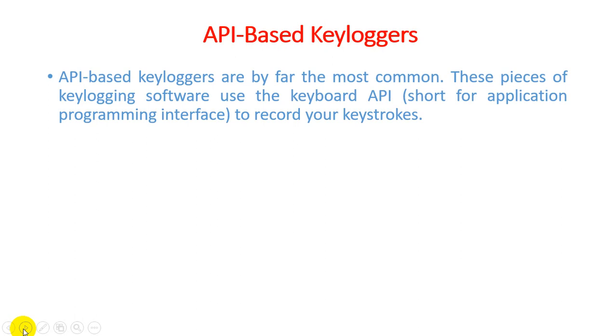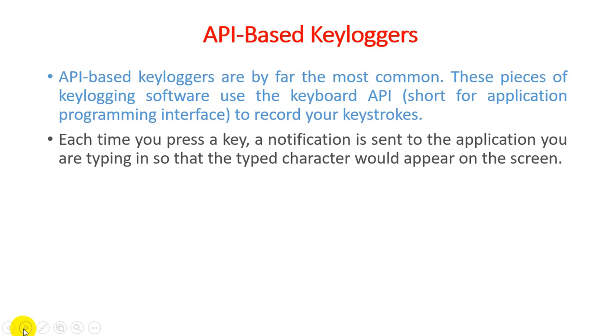API based keyloggers are by far the most commonly used in cybercrime. This keylogger software uses the keyboard API, short for application programming interface, to record your keystrokes. Each time you press a key, a notification is sent to the application you are typing in to show that the typed character should appear on the screen.